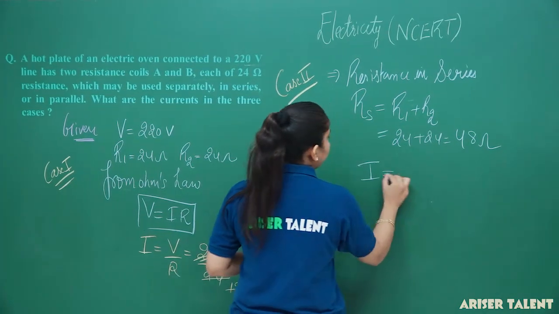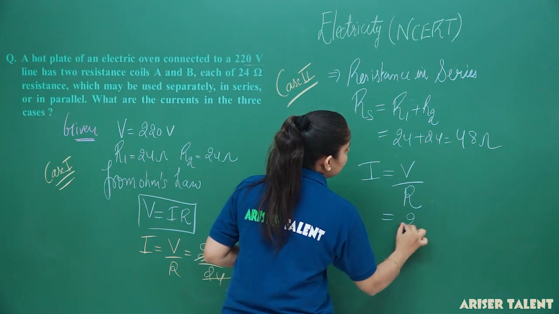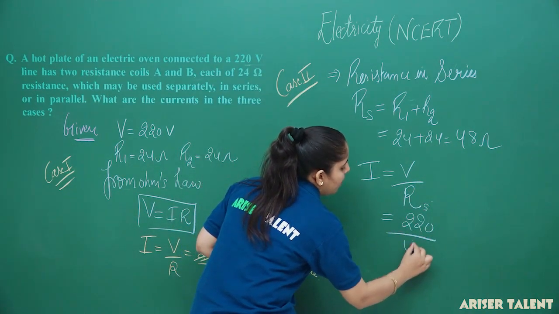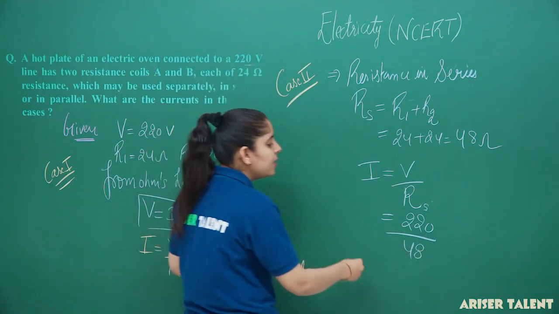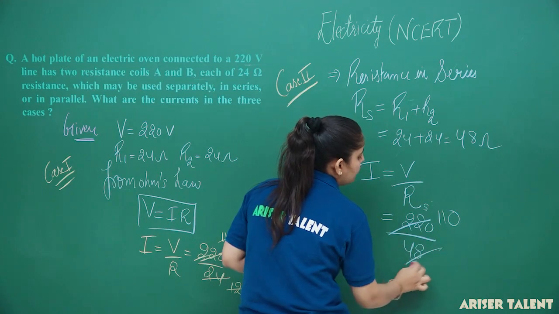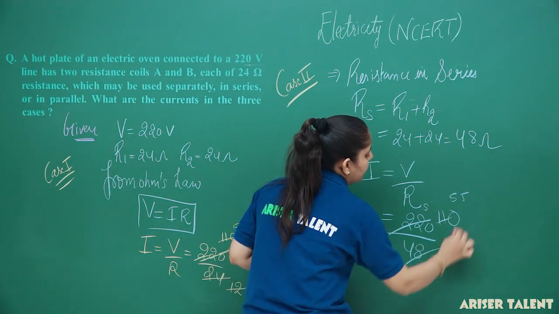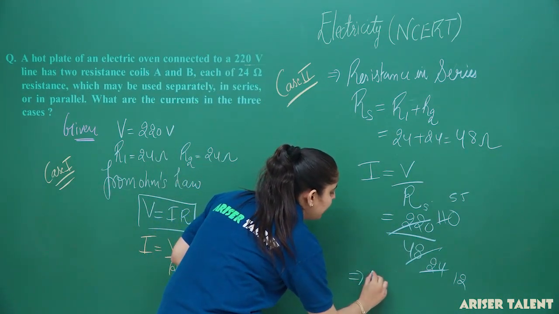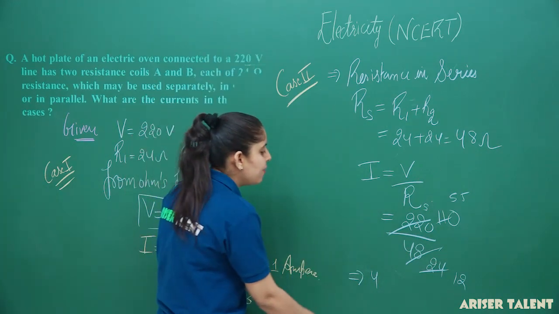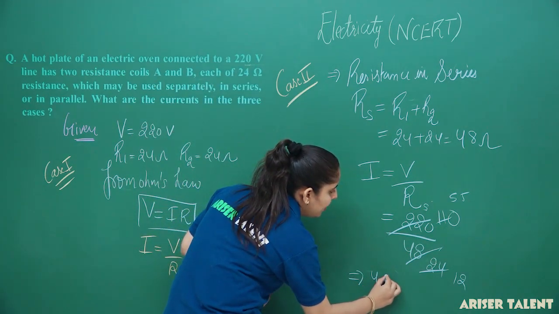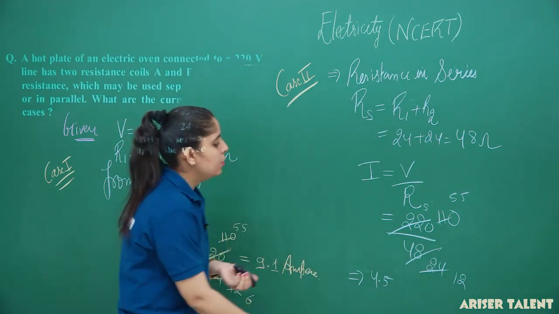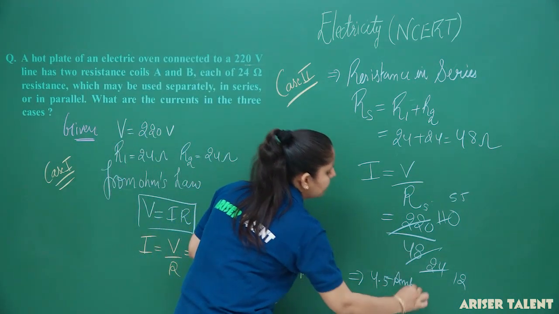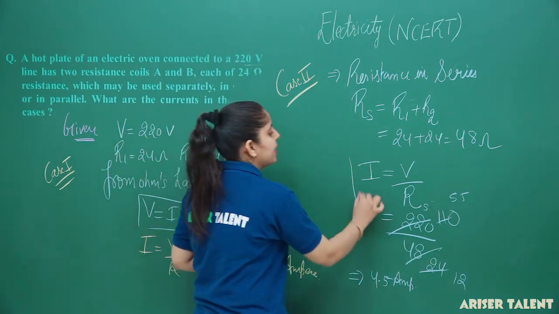Now again I equal to V upon R, with voltage 220 and Rs equal to 48. Solving this, we get 55 upon 12, which is approximately 4.5 ampere. This is the value of current in our second case.